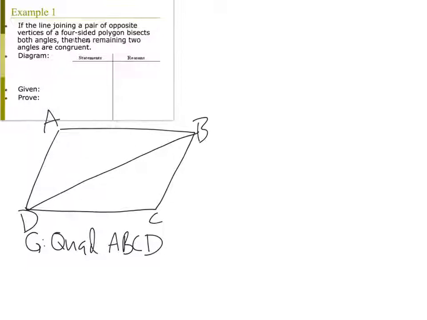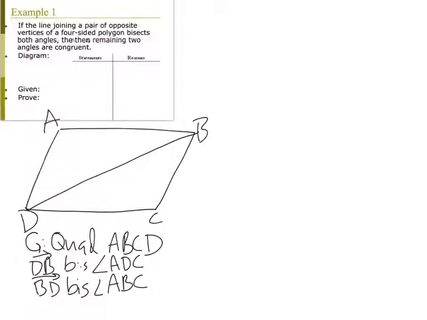We're saying that ray DB bisects angle ADC, and ray BD bisects angle ABC. So a line joining the pair of opposite vertices of a four-sided polygon bisects both the angles, and the remaining two angles are congruent.